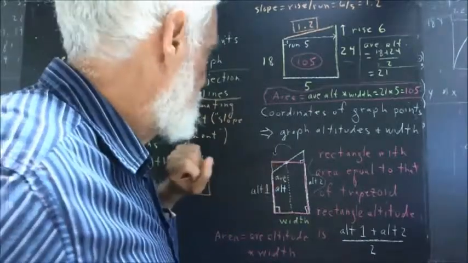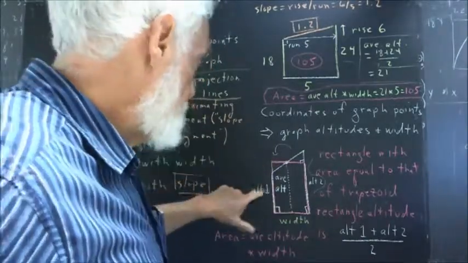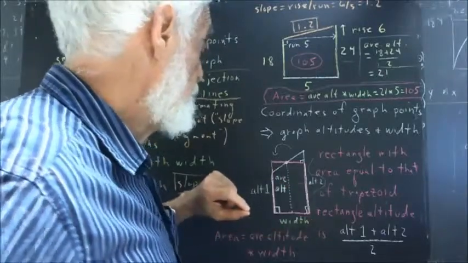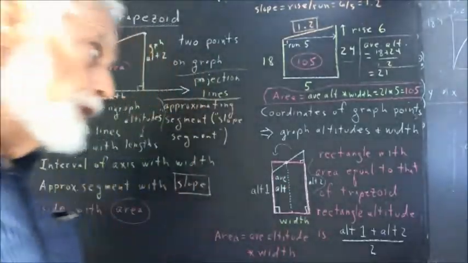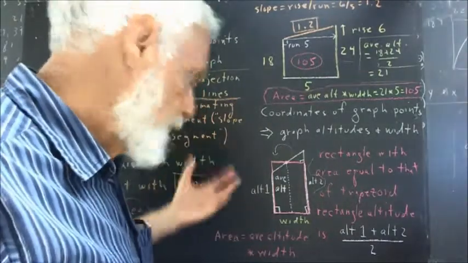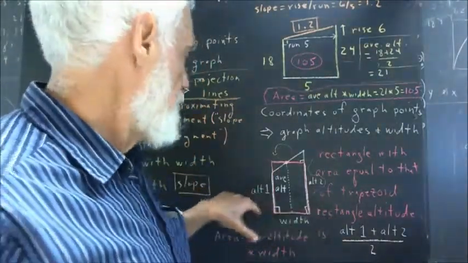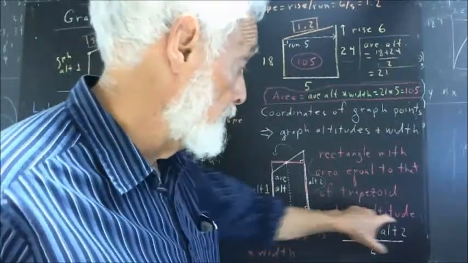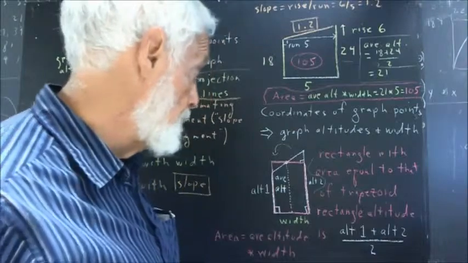The average altitude is going to be just the average of the two altitudes. And of course, you should be able to prove that as well using the geometry and using other definitions. But we can then calculate the average altitude, or the length of this rectangle, as altitude 1 plus altitude 2 divided by 2.